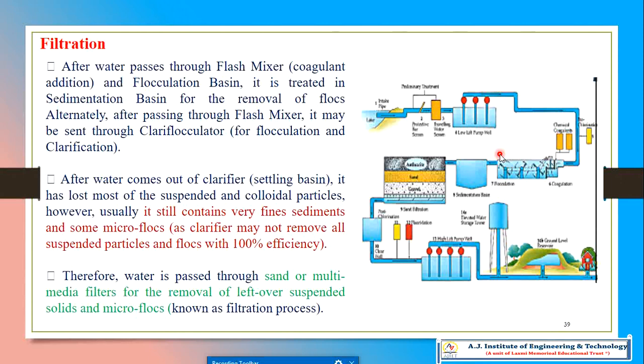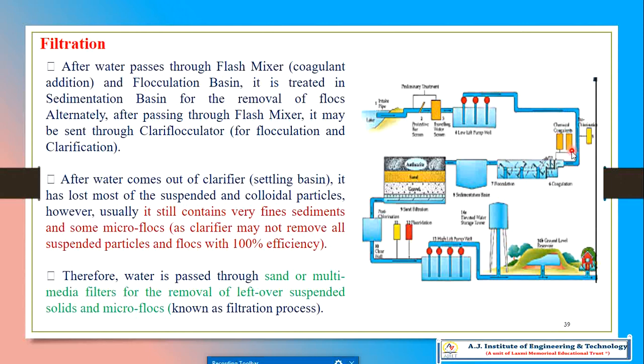You can see here the treatment settling basin. The lake or reservoir, the water source adopted for a city, is here. The pipe is there, lifting appliances are provided, and water comes to the treatment plant.